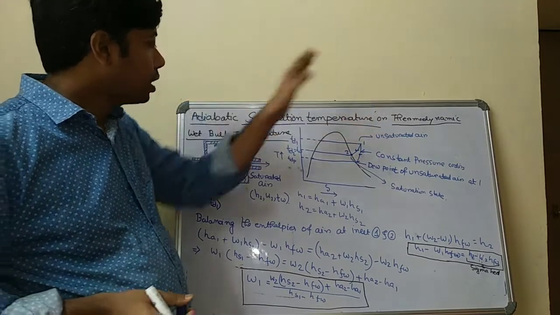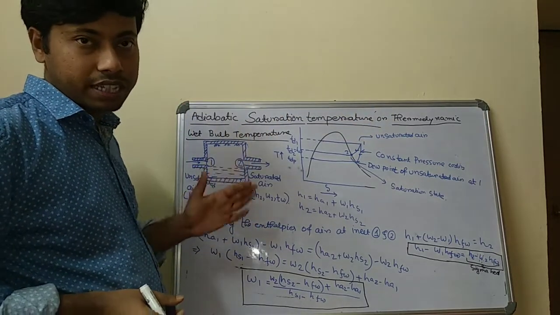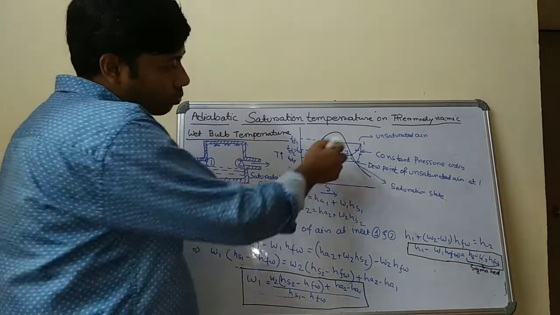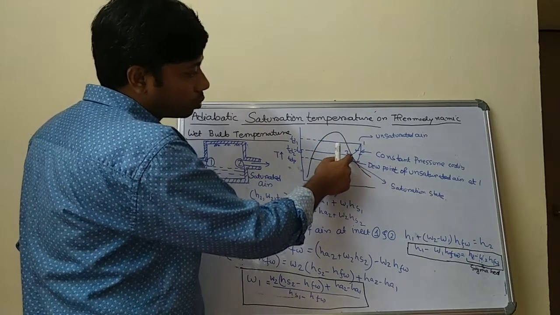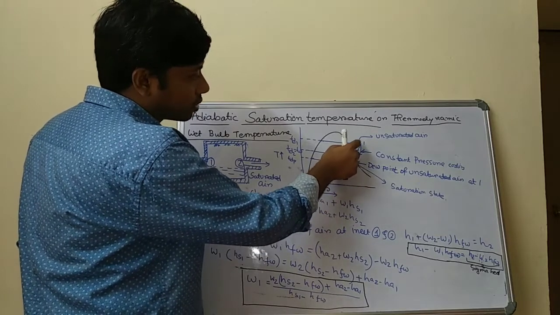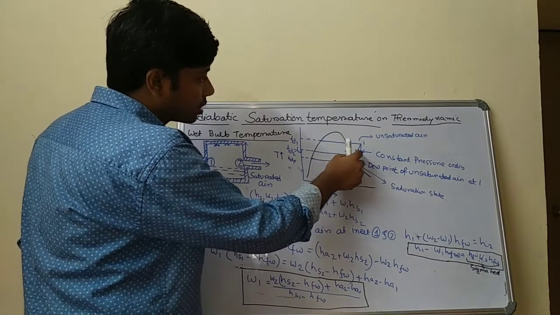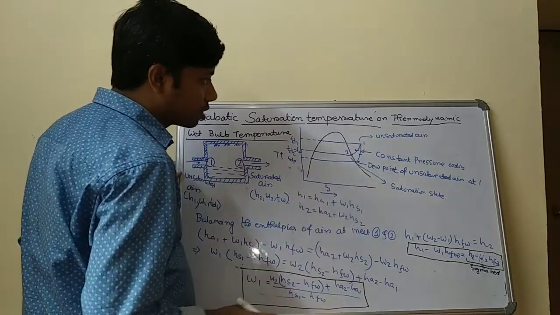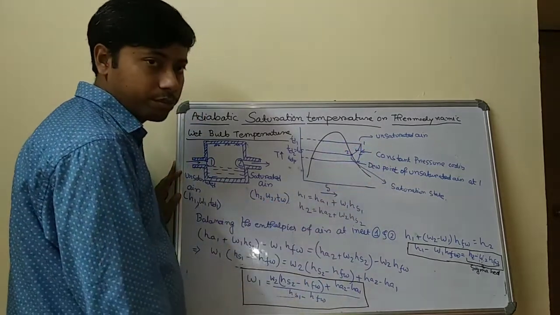Now the evaporation process takes place, meaning some cooling also takes place. The line 1 to 2 indicates an adiabatic process: this is the unsaturated air condition, and this is the adiabatic saturation process. You can say 1 to 2 is your adiabatic cooling process.